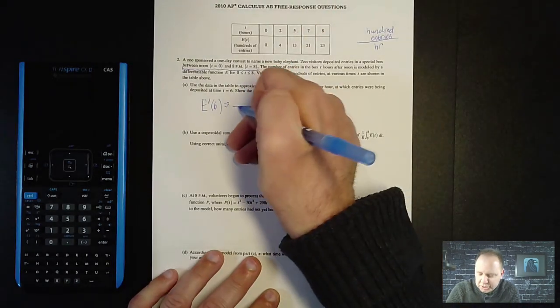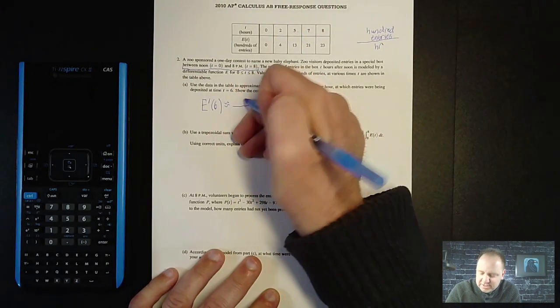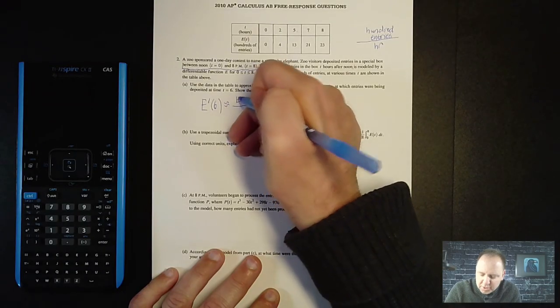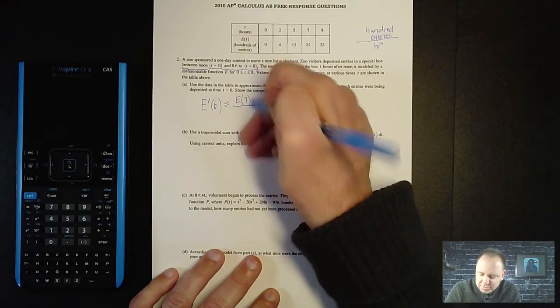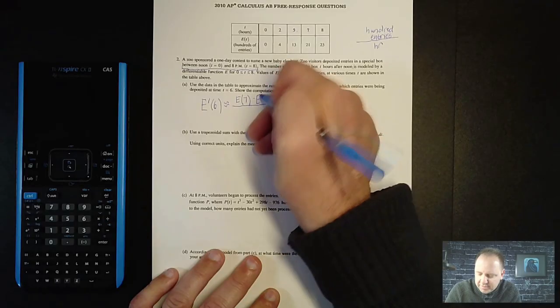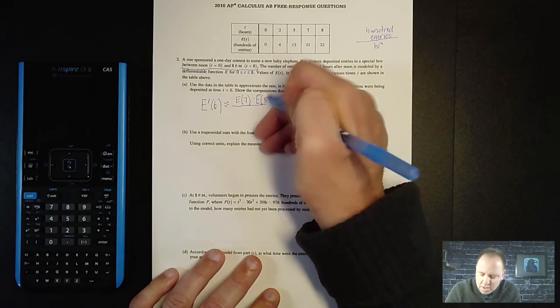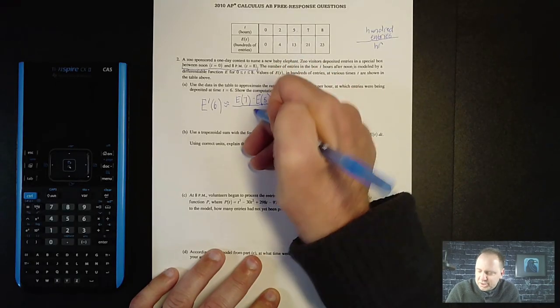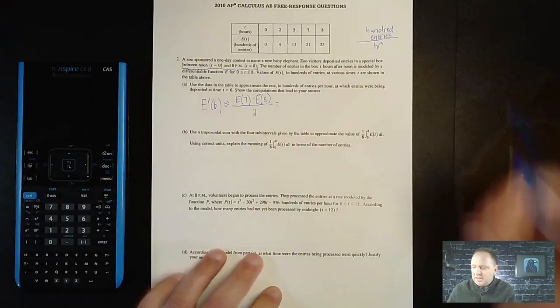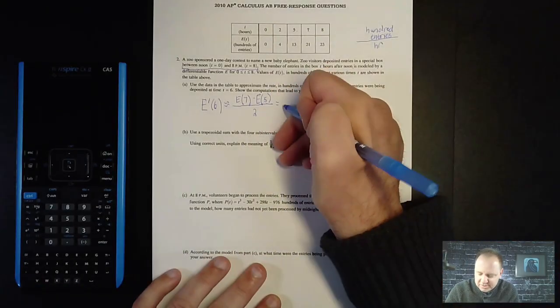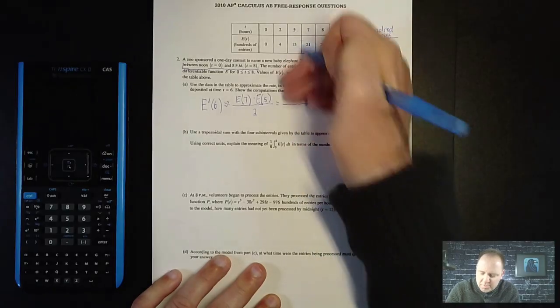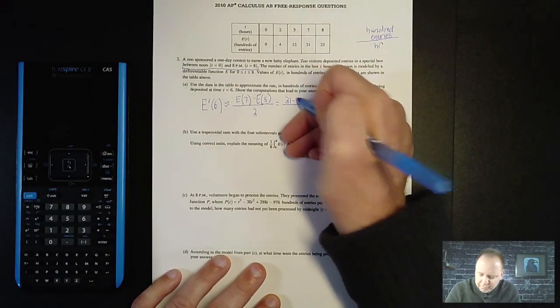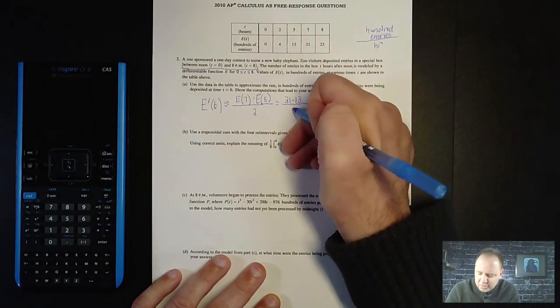So I would want them to show that to estimate E prime of 6, I'm going to plug 7 into E, subtract plugging in 5, change in y over change in x, which is 2. Now remember, we do get a calculator, but sometimes we don't need it. And in this one, we don't. 21 minus 13, all over 2.